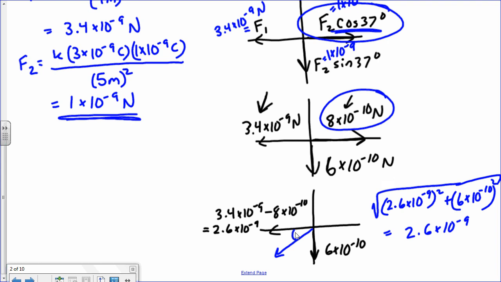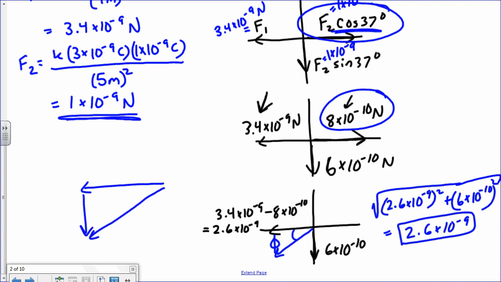All right, so now that we have the magnitude, that's one part of the answer. Now we also need to know this angle, which is phi. And if I want to find that angle phi, look, I have a triangle here. I have one vector here, and then there's my resultant vector. All I've done is I've just shifted this over to that side. That's my angle phi. This is 6 times 10 to the minus 10.